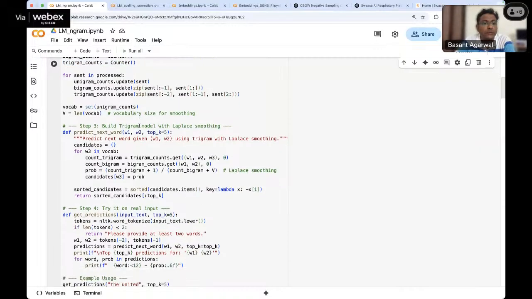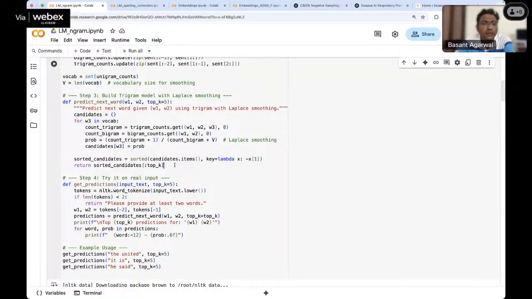Okay, so now this is the code where we build the trigram model, in which firstly we calculate the counts of all the words and the context words. So the bigram count of W1 and W2 is basically the context words, and based on that we compute the probability of the next word, W3. This is just directly implementing the formula which we already know.